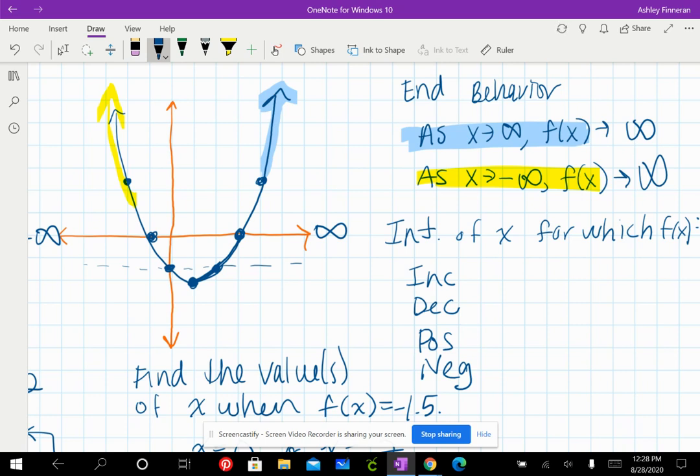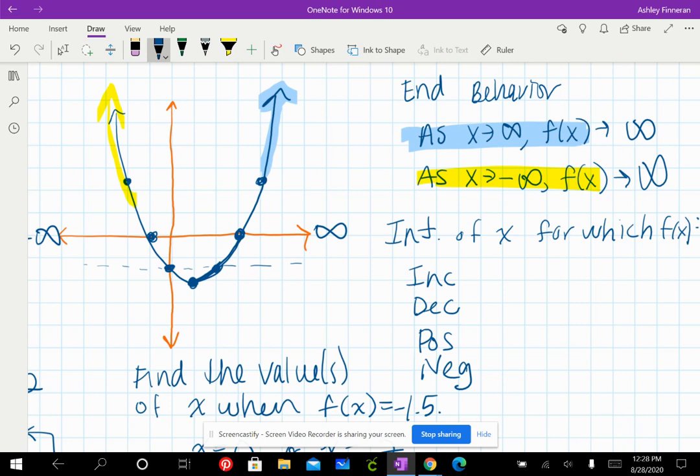So for these 4, this is what we talked about in the last video. Increasing, if you think about this kind of like a roller coaster, increasing would be going uphill if you were driving along the function, remembering that we always drive left to right, just like we read, just like we graph.